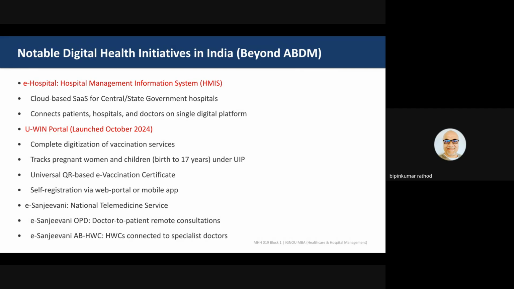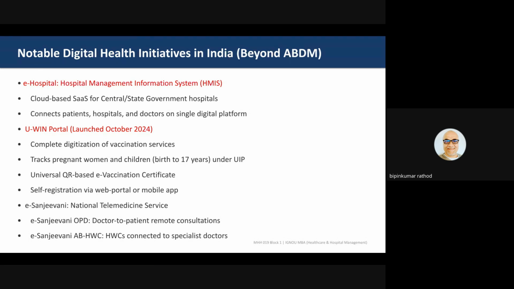This is very interesting. Whenever you work in a government hospital or government-related facility in India, you will come across this software. It is called e-Hospital, and it's designed and hosted by the National Informatics Centre based in Delhi.